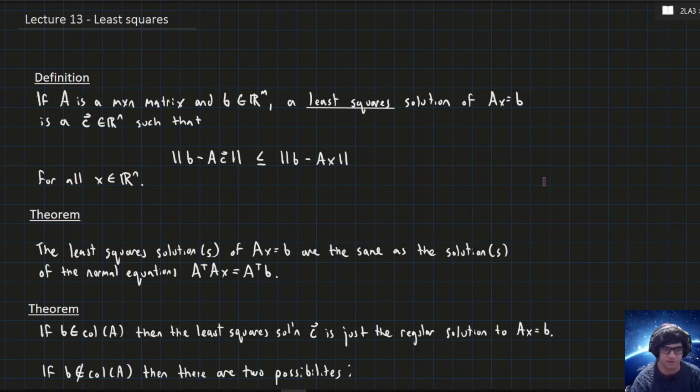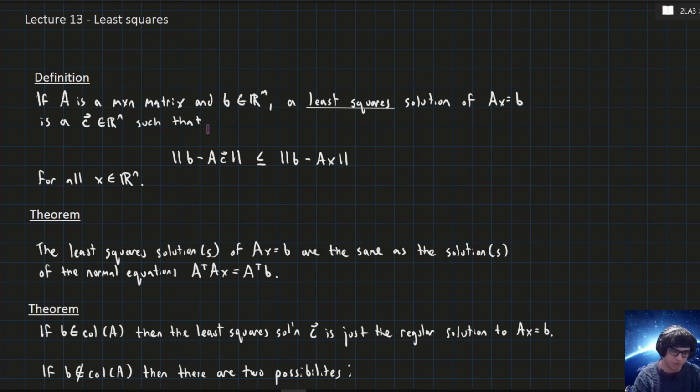Okay, so now I'll define what a least squares solution is. If we assume A is an m by n matrix and B is in R^m, then a least squares solution of Ax = B is a vector C in R^n such that this inequality holds for all x in R^n.